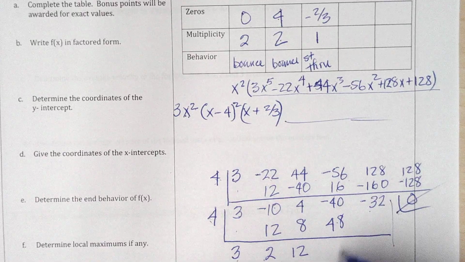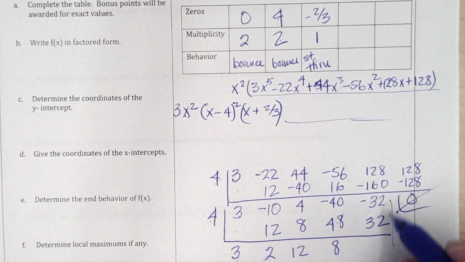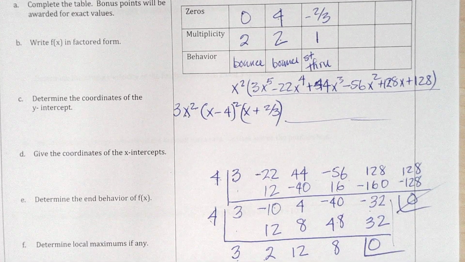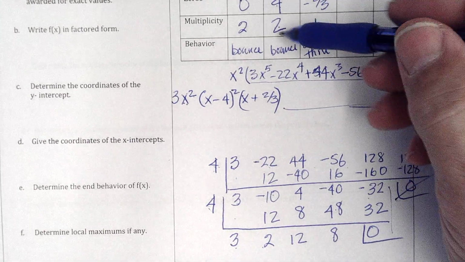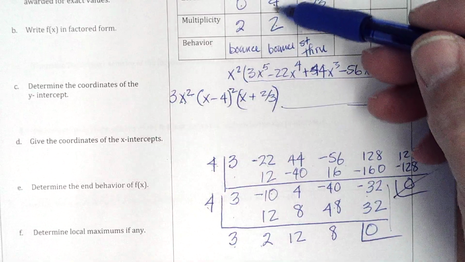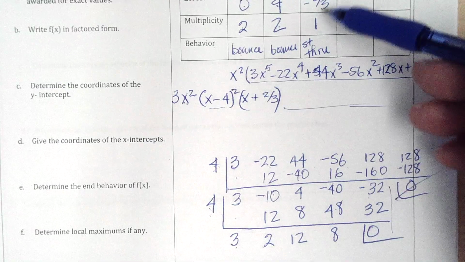Add, I get 8. 4 times 8 is 32. And I get 0. It went in evenly. And that's what I need to have happen. Now I've taken care of 2 zeros by pulling out the x squared, 2 4s here, that's these two, and negative 2/3.